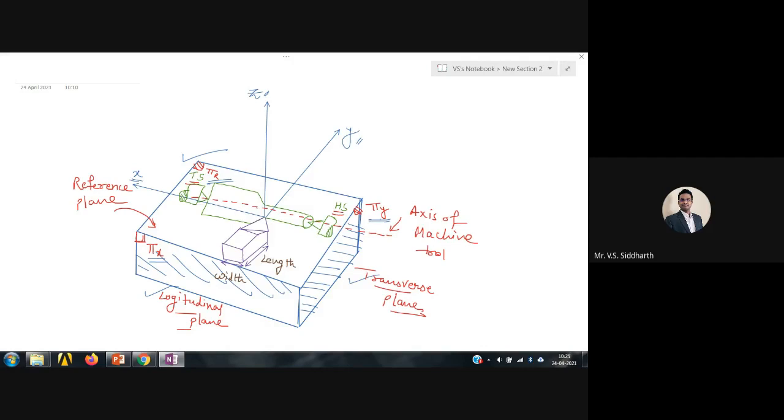So can I draw it like this or not? Okay. So let us first write the definition of longitudinal plane.